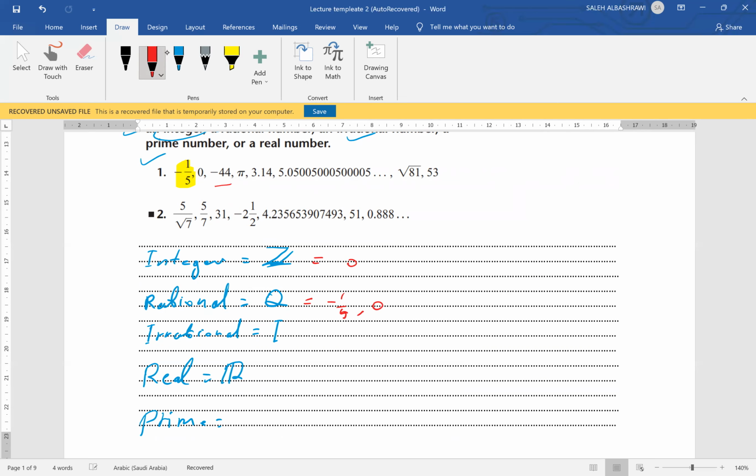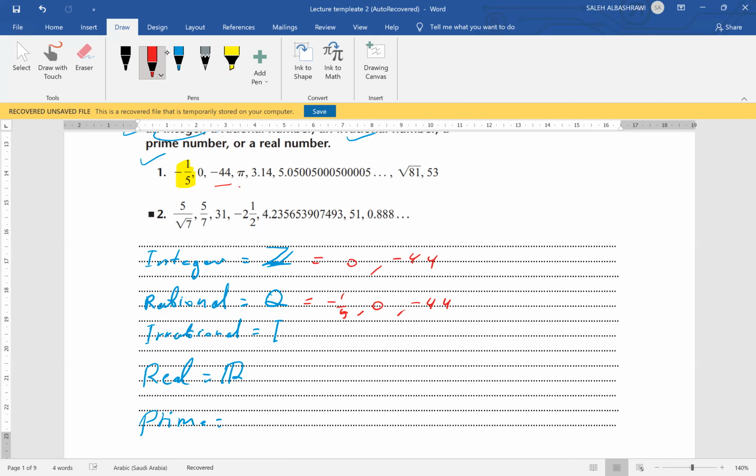Minus 44 is an integer and also rational. By the way, all the integer numbers are rational numbers.